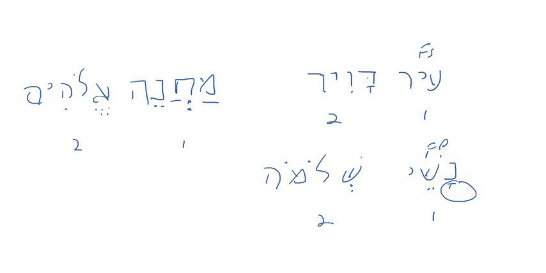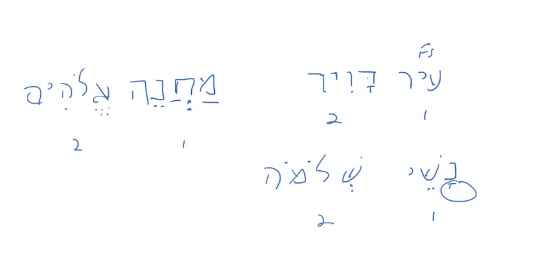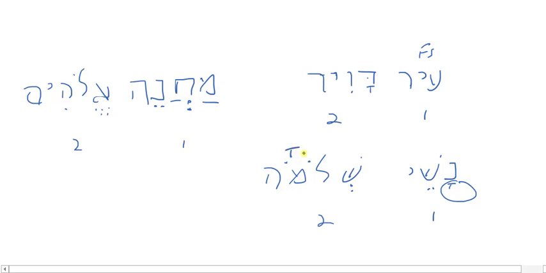It loses stress. We're going to treat it like it's unstressed, but that this whole thing is treated as one word. So where's my tone on Shlomo? Where's the tone? You know this. It's on the end. It's on the mo part, right? That's tonic. Shlo is pretonic.